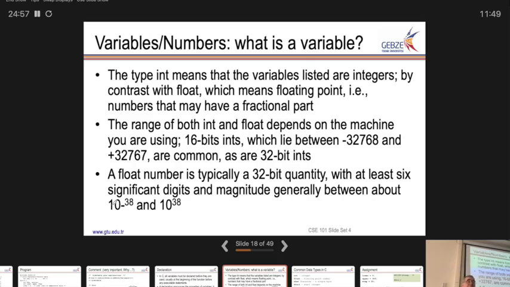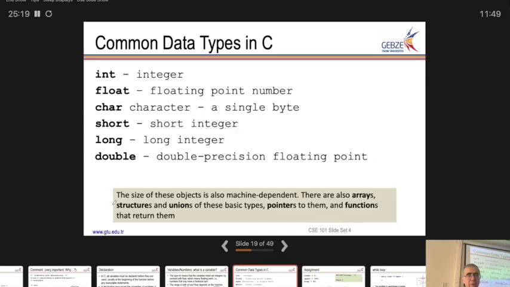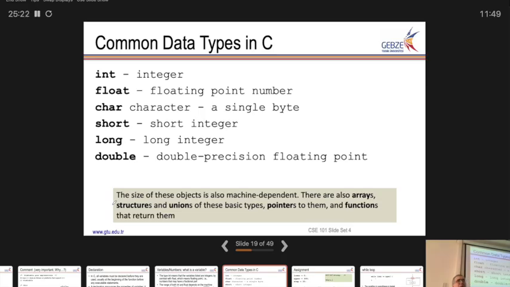A floating point is typically a 32-bit quantity, IEEE, with at least 6 significant digits and magnitude generally between about 10 to the minus 38 and 10 to the plus 38. IEEE 32-bit floating point number, which is a big number. So common data types in C programming language are integer, float, character, short, long, double. Right?